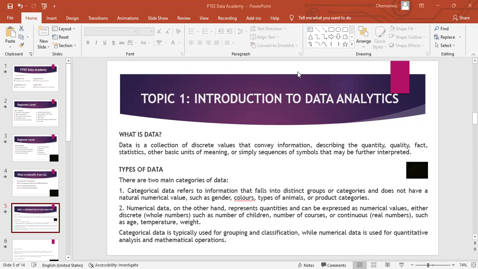So data here could be facts, it could be statistics, it could be other basic units of meaning. That is anything that conveys meaning, or something that is arranged in order of symbols or sequence. So in that case, we say it is data.